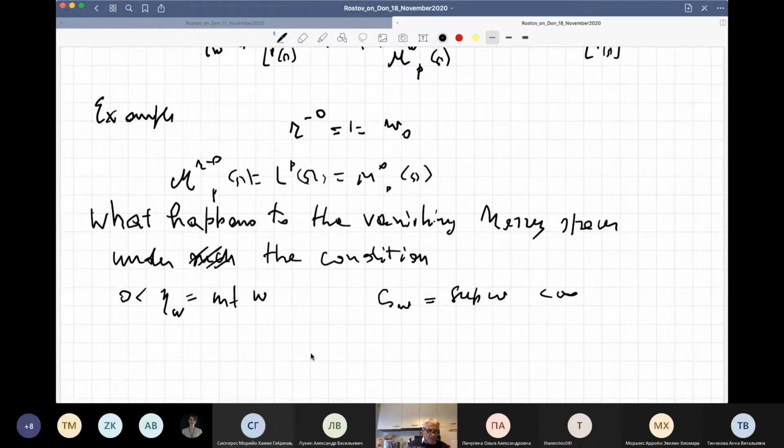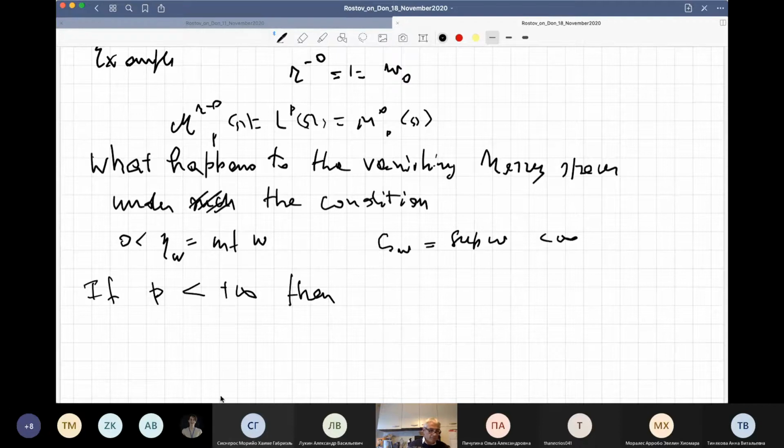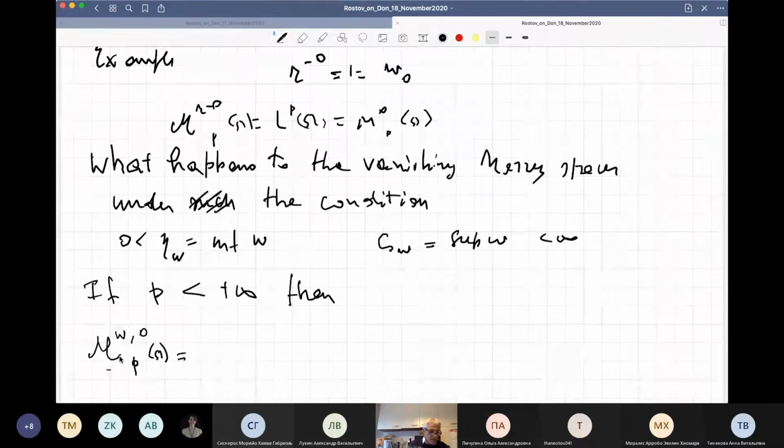Okay, so here we say there are two statements. If P is infinity, remember P is always between 1 and plus infinity, then the vanishing Morrey space comma 0. And you remember what this means, right? So I open a parenthesis because you already know this, but in any case, let me remind it to you.